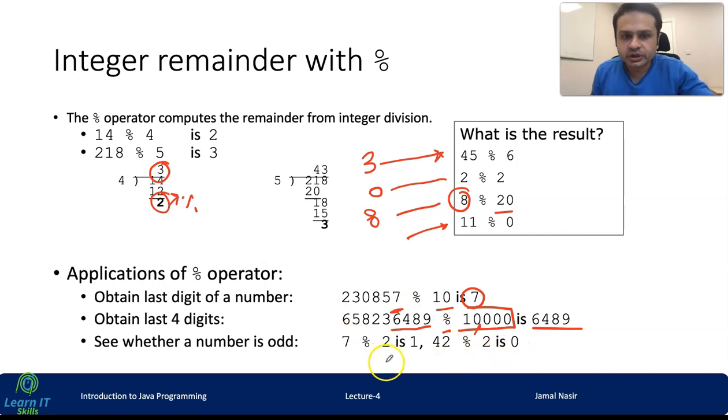If we want to check whether a particular number is even or odd, the logic is simple: if we do this, we will get 1, so it is an odd number. 7 is an odd number. But if we do this, we will get 0, and 0 shows that this is an even number.